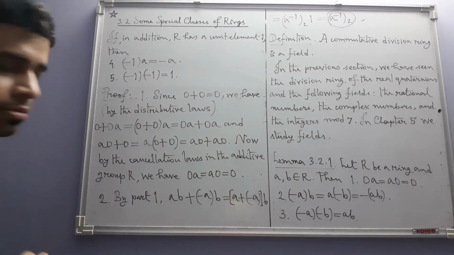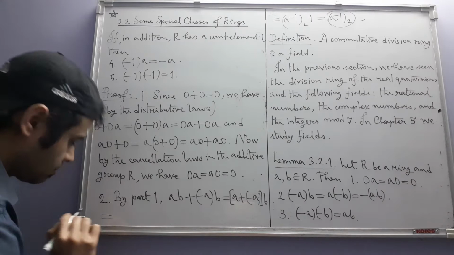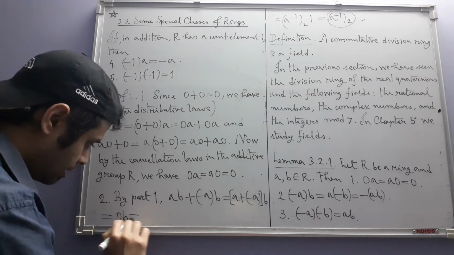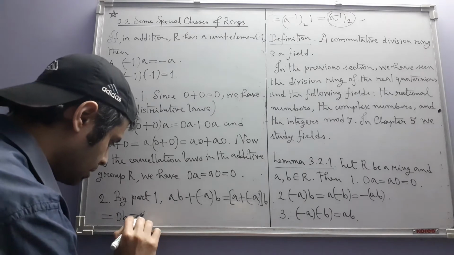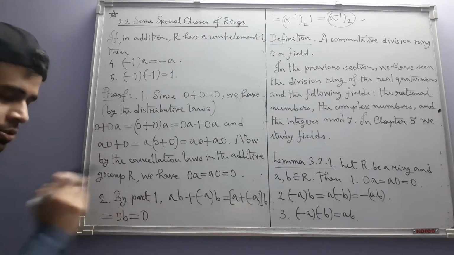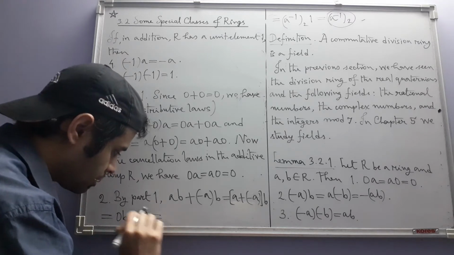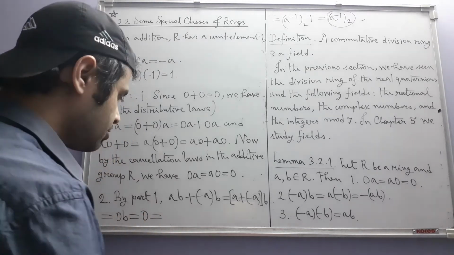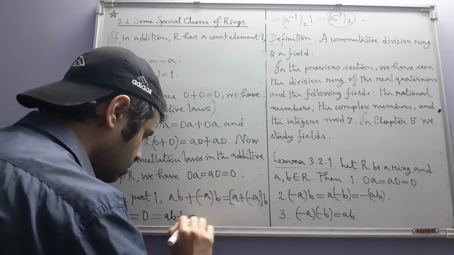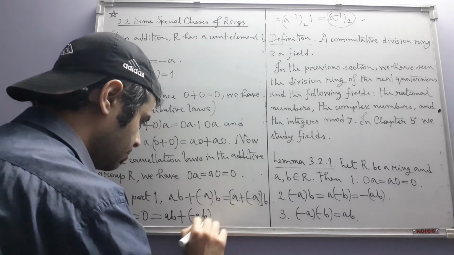The right distributive law. And this is 0. And we know that this is equal to nothing but 0. And this is where we are using part 1. But 0 can also be written like this: AB plus minus AB.